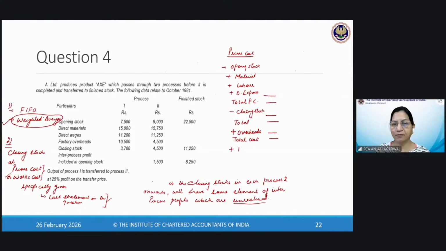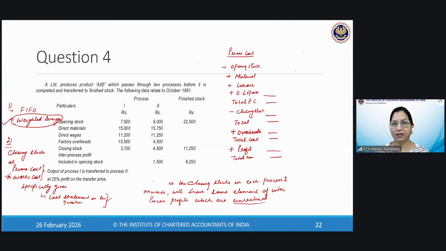Then you will add the profit element of transfer price, and this will become your total again, transferred to the next process. So on the credit side, you will write by transfer to process 2. This will be the order if closing stocks are to be valued at prime cost.